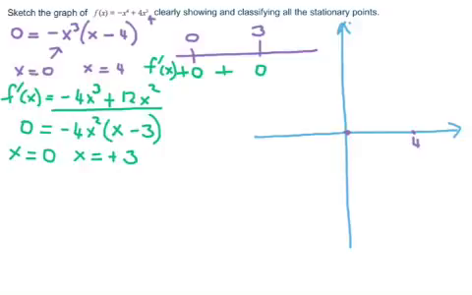And then I'm going to choose a much larger number, let's say 10, to the right of 3. So 10 cubed is 1,000 times -4 is -4,000, and then this would be plus 1,200.